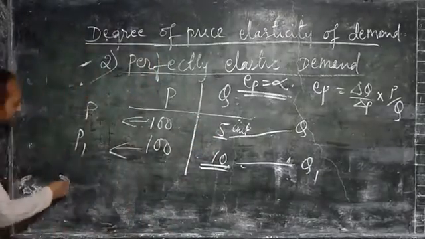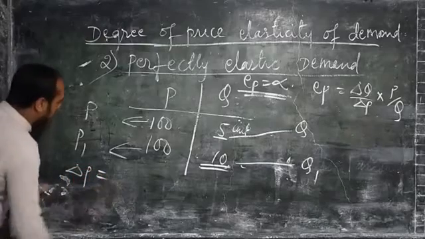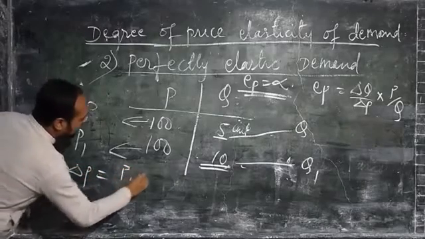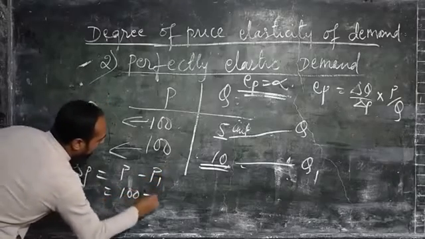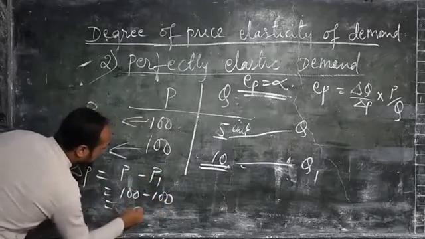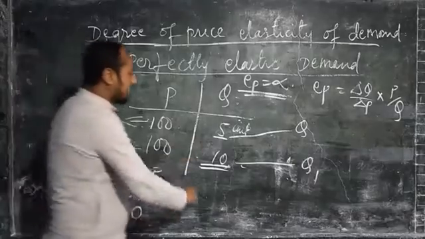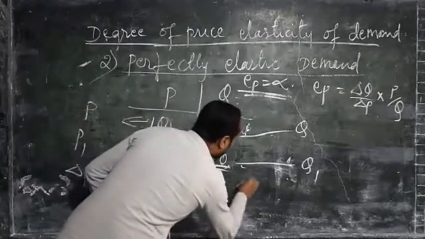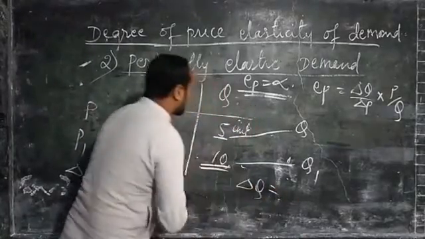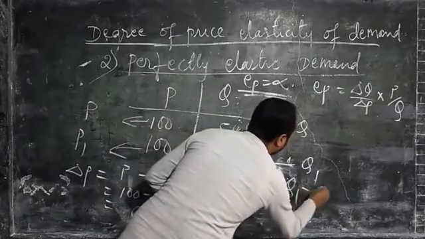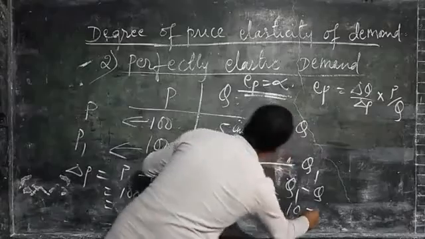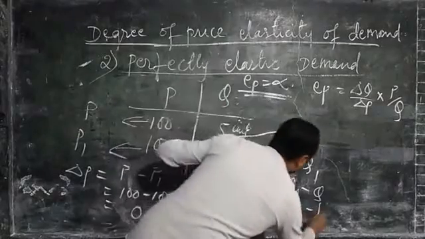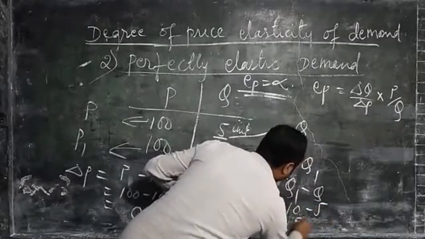So here we will calculate del P. Del P equals P minus P1, that means 100 minus 100 equals 0. Now we are going to calculate del Q. Del Q equals Q1 minus Q. Q1 is given as 10 units, minus Q which is 5 units, so 10 minus 5 equals 5.